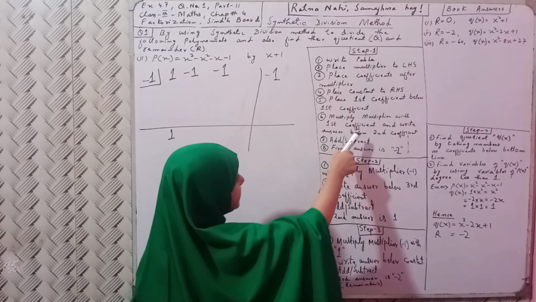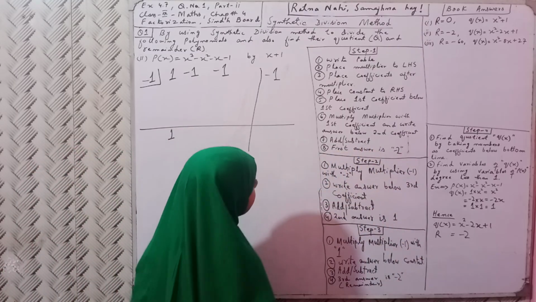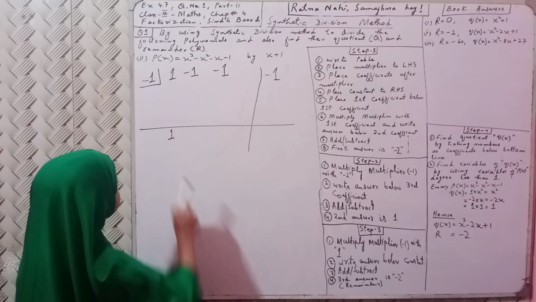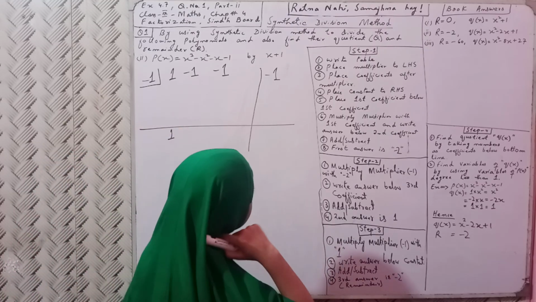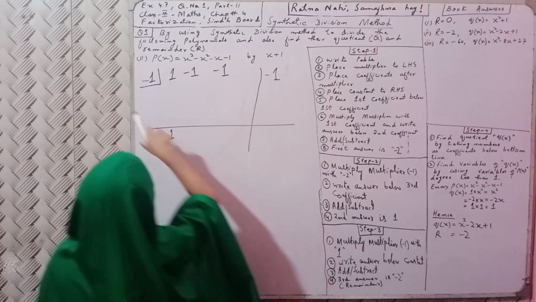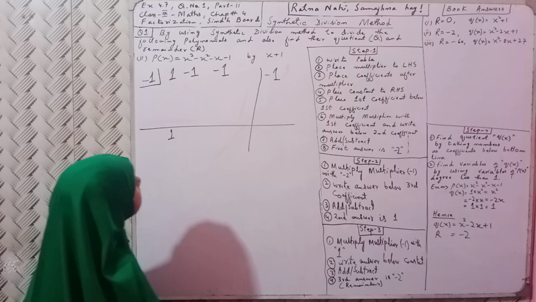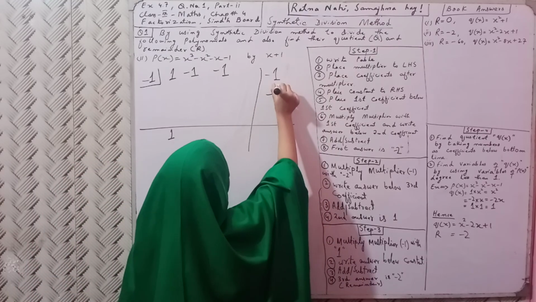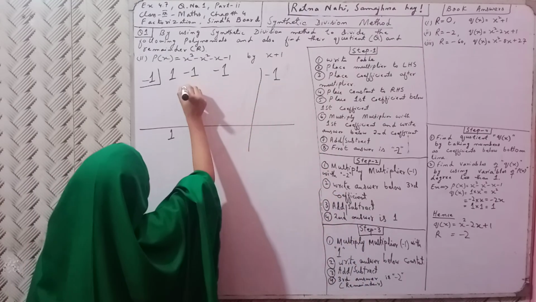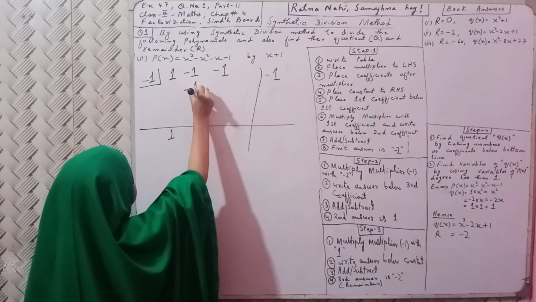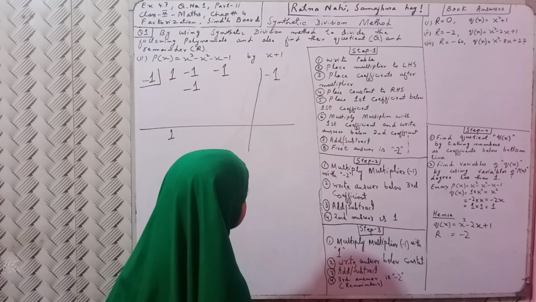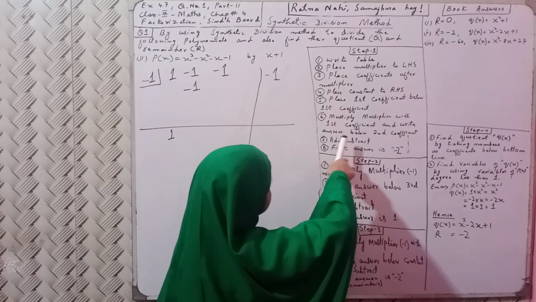1. Multiply with the first coefficient and write it. Multiply with the first, minus plus minus 1. Then 6.